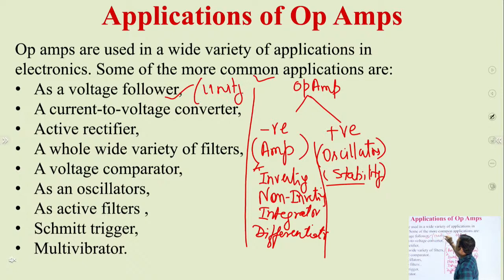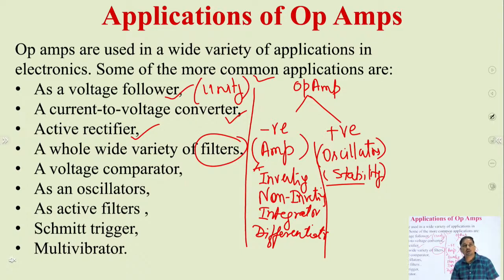Means the amplifier whose gain is unity, which can be used in impedance matching circuits. We can make a circuit which is a current to voltage converter. We can make active rectifiers. We have the passive rectifiers, we have the active rectifiers, and a whole variety of filters.